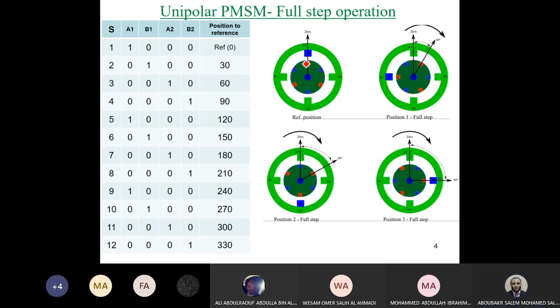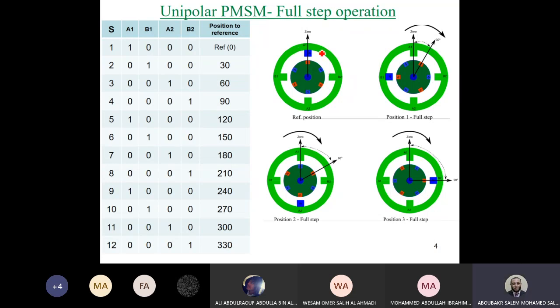So for this type, when we supply one half of the coils, it will attract the polarity S all the time, because N cannot attract N. It has to attract only S.